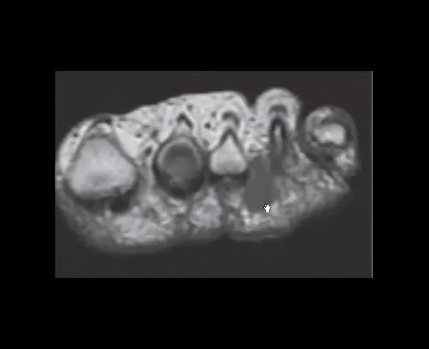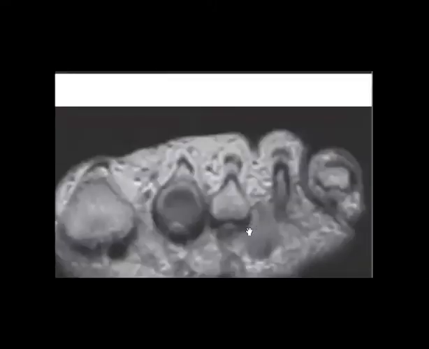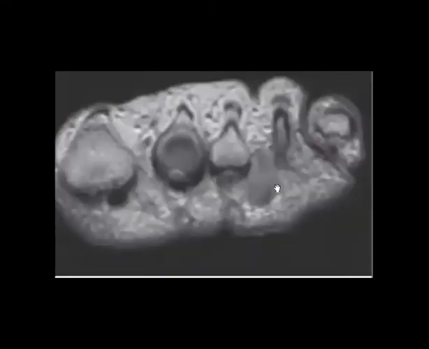So what's the most important sequence you would like to see after the regular T1? Yes, so T2 and the post contrast, because if you want to confirm that it is Morton's neuroma, it will take enhancement.